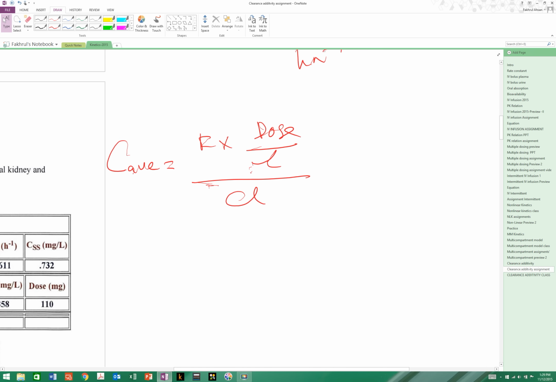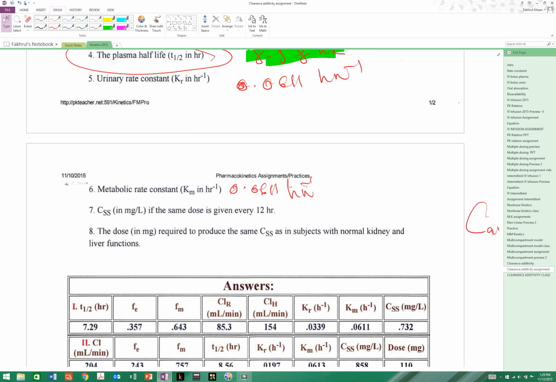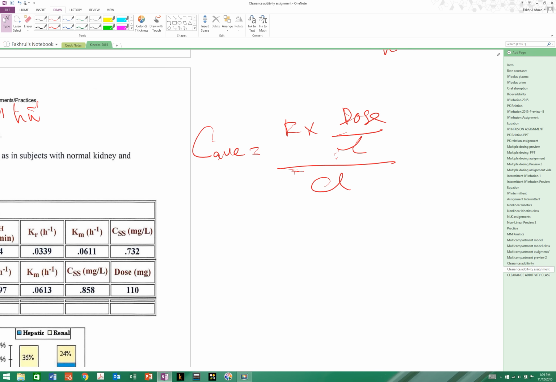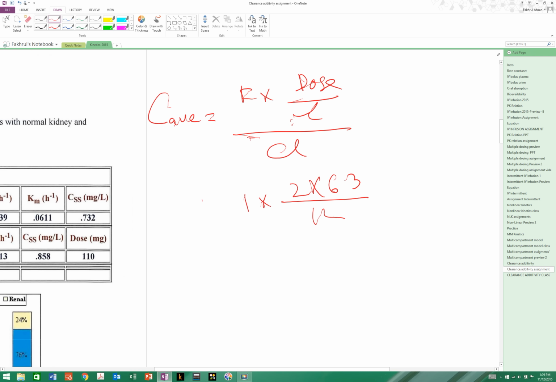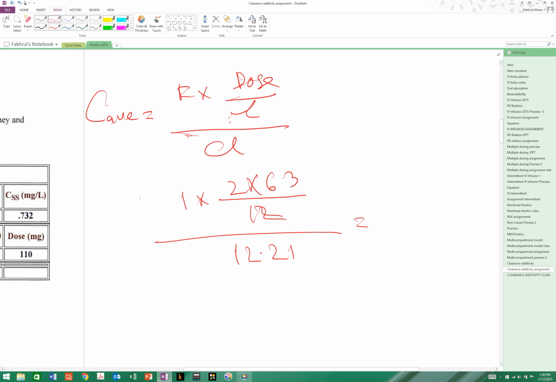F is 1, the dose we know, the patient weight is 63, tau is every 12 hours, and the total clearance is 12.21. I'm sorry, this pen is messing up everything today.